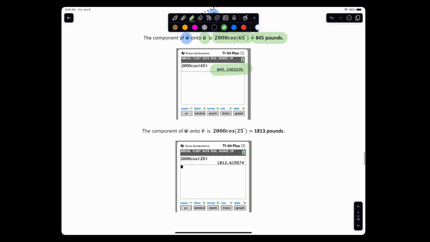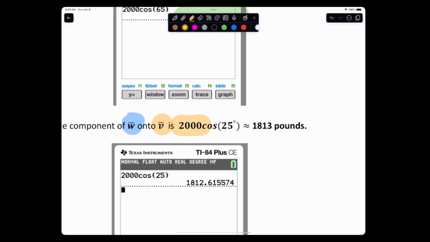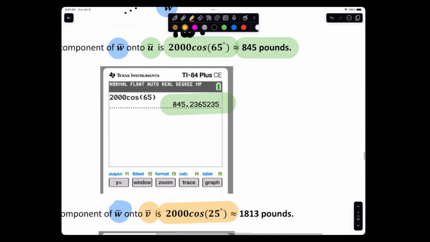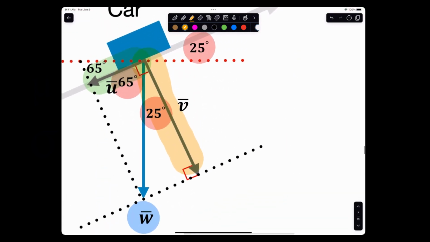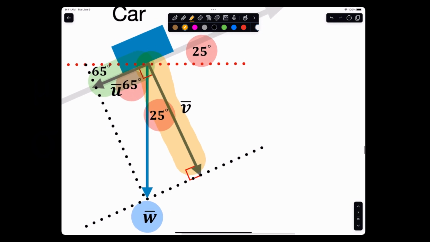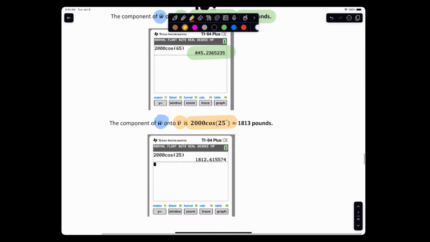Here's the thing. Over here, the component of W onto V is going to be what? 2,000 cosine of what? 25, which gives 1,813 pounds.